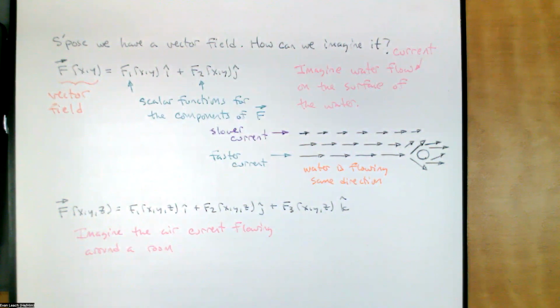That's how we can imagine our vector fields in R2 and R3. That's where we're always going to start: water flowing on a surface, air flowing around the room.